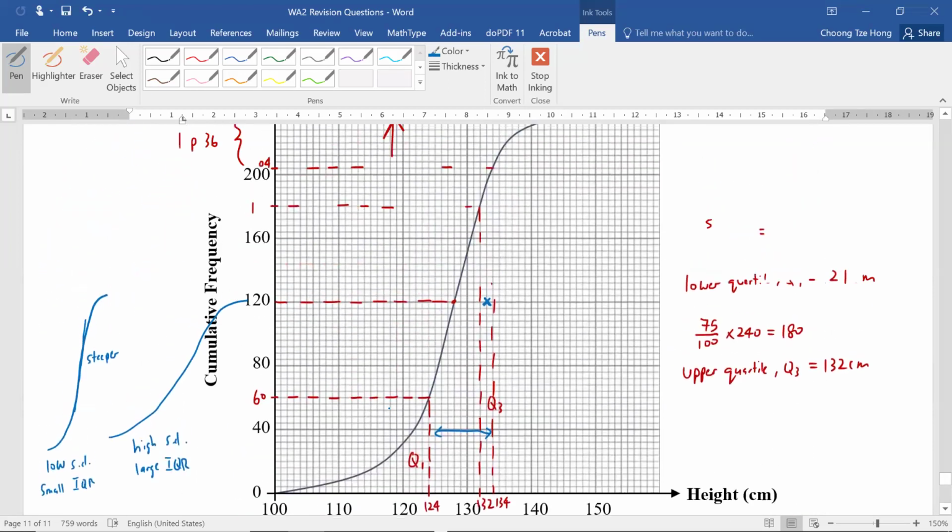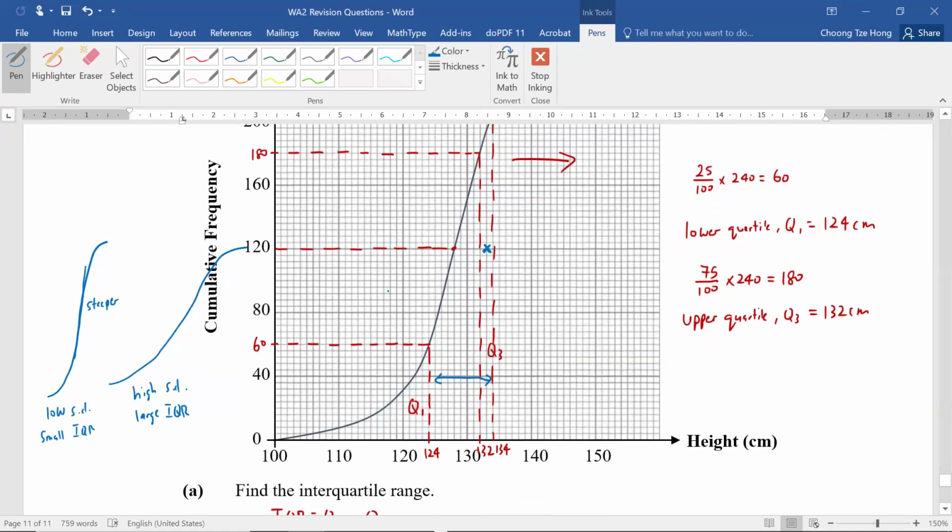So the graph for XYZ primary school could maybe look something like this. Assuming maybe the shortest student is also 100, so it's going to go up this way. But with a smaller interquartile range, these two lines are going to be closer together.